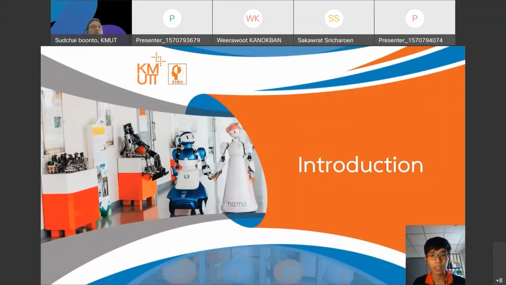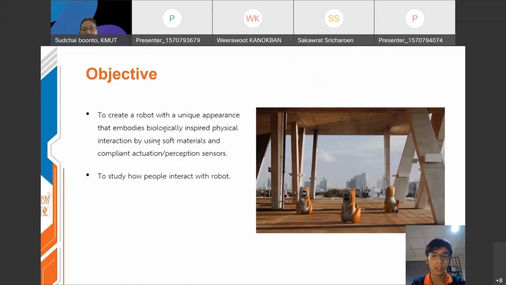Starting with the introduction. The objective of the research is to create a robot with a unique appearance that embodies biologically inspired physical interaction. If the robot can be soft, we use soft material to show people that the robot is not a hard thing and is safe, with comprehensive actuation and perception sensors, and study how people interact with this type of robot.